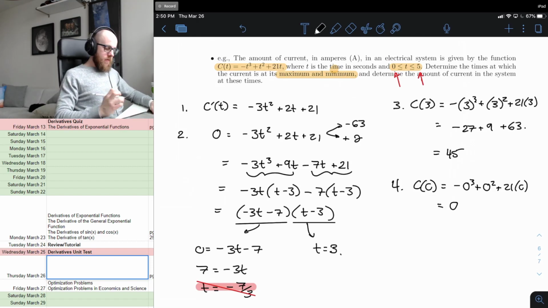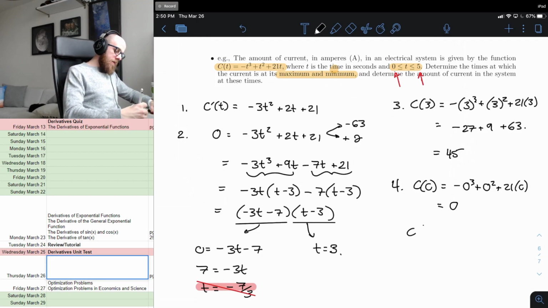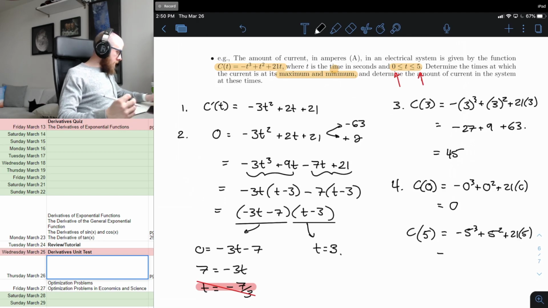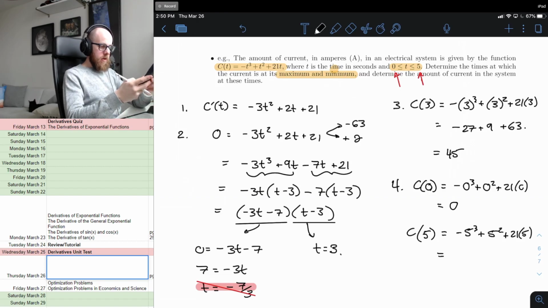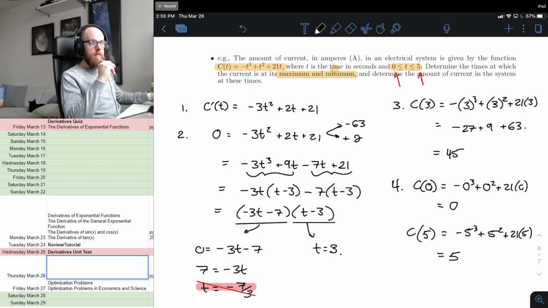And c at 5, same idea, I just plug it in, so negative 5 cubed plus 5 squared plus 21 times 5. So that's going to be equal to 5.